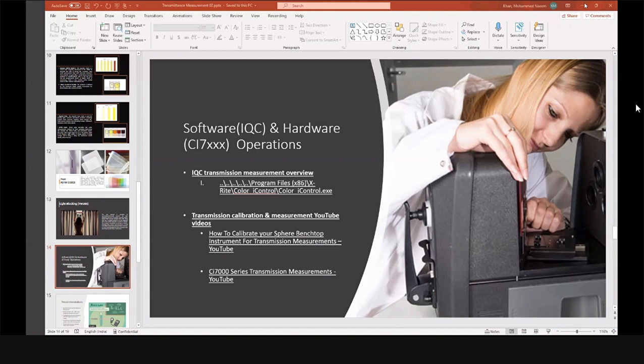Just in case the customer decides to purchase the 661, or transmission instruments like the CI7800 and CI7600, and they do not use transmission at the moment but want to use it in the future, with X-Rite they just have to buy an additional transmission kit, and we have all the different sizes for different sizes of product.